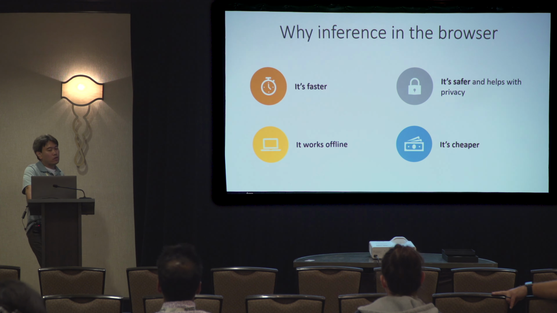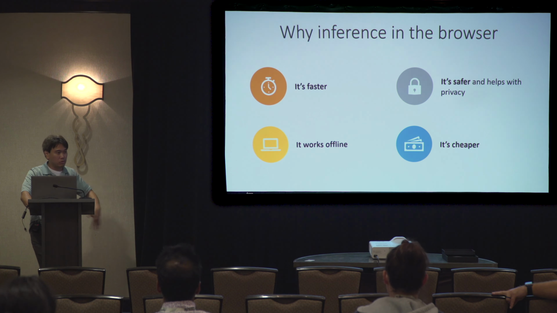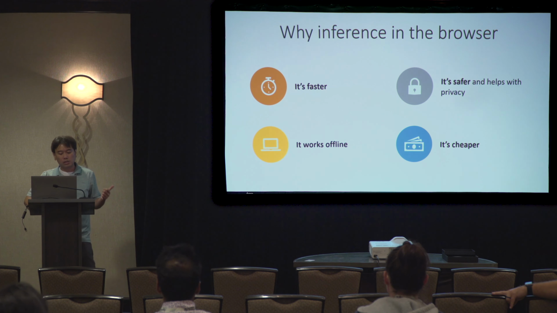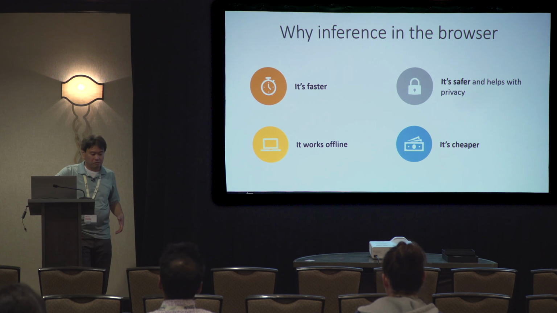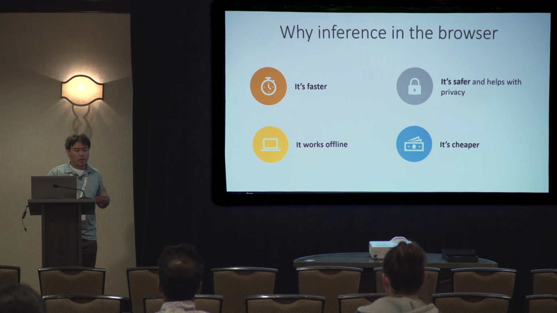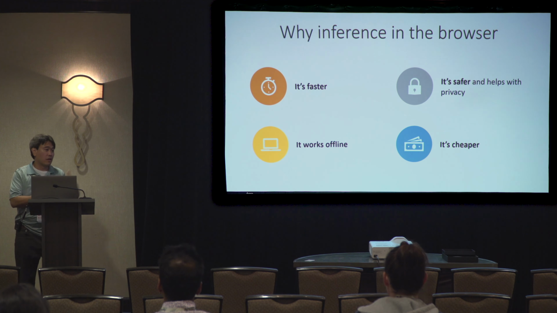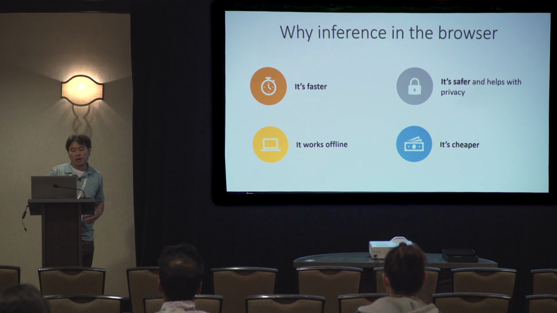Why would we want to run inference in the browser? Because it's faster. If you download the model and run it locally, you're not sending data to the cloud. You do your inferencing locally. It also works offline, which is very useful if you already cached the model locally and don't have a connection to the internet, because it's running in the browser.